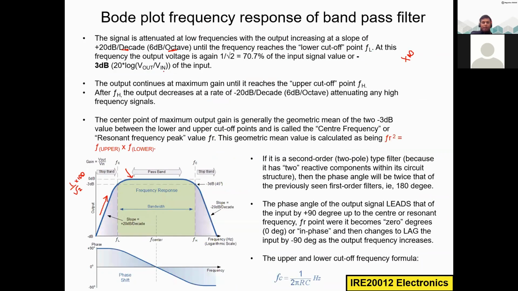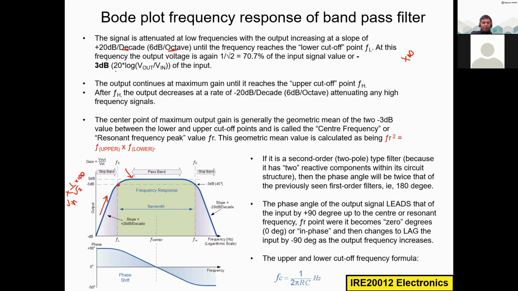Okay, so at this frequency, the output voltage gain is this one of the input signal value. So as I said, this is this one multiplied by V in. Then you will reach this point. And how can you calculate this 3 dB?